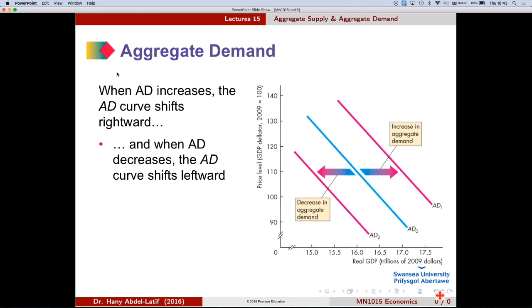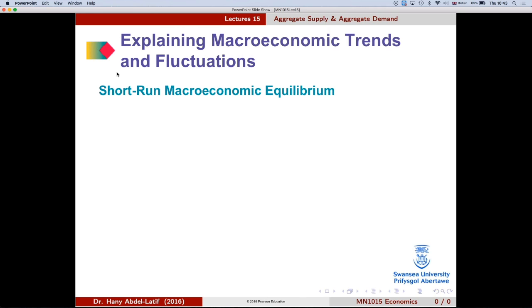Yeah. So now let's look at the equilibrium. So we'll have 2 points to think of, or 2 equilibrium points: the short run and the long run, because we have a short run aggregate supply and long run aggregate supply.